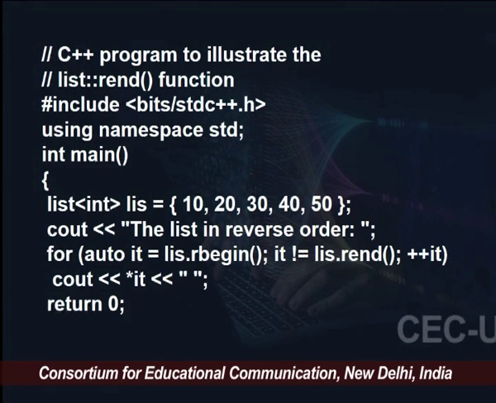We will go till rend, which is the reverse end, that means the position before the first one, and by using plus plus we will increment the iterator and print the value of asterisk it, which is the element available at this iterator.